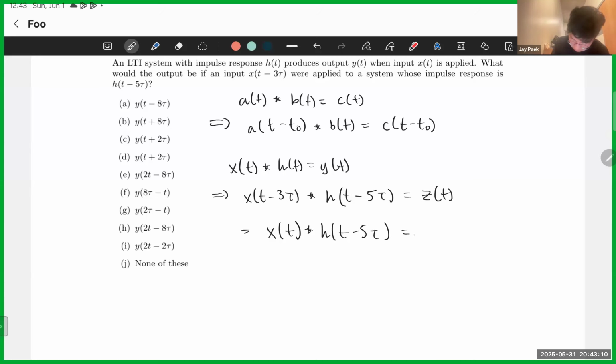Then, what is it? Then this would be equal to z of t. So I undelayed it. I made plus 3 tau here, hence I must do plus 3 tau over here.